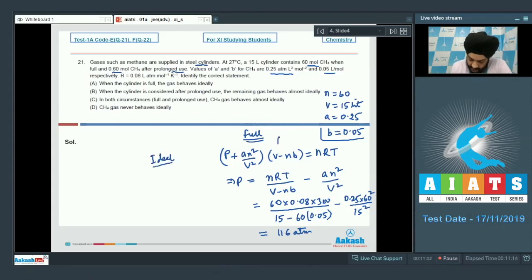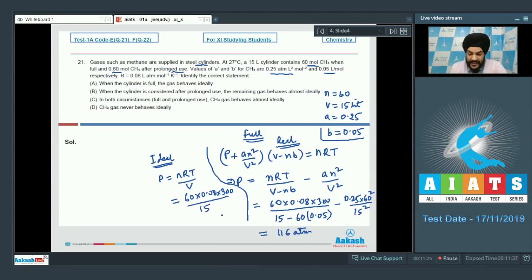the first case was assuming the real gas behavior. Now if you talk about the ideal gas behavior, students, we can directly have P equal to nRT by V. So we can just put these values. n was 60, R is 0.08, the temperature value is 300 Kelvin, upon the volume given to us, which was 15 liters.